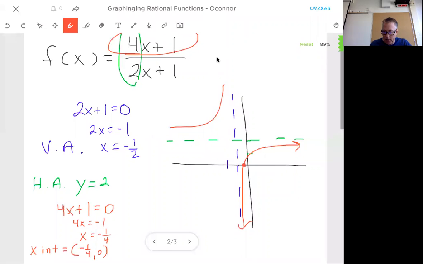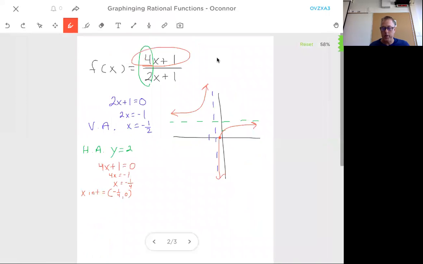And I know that because for it to be down here, it would have to cross the x-axis again. But we only have one x-intercept. So it cannot be on the bottom. It has to be on the top. And that would be our graph. So it's like a puzzle. We're just trying to put all of these pieces together.